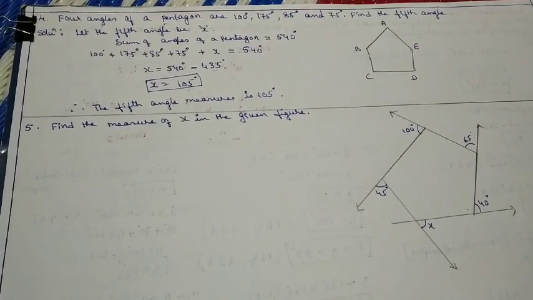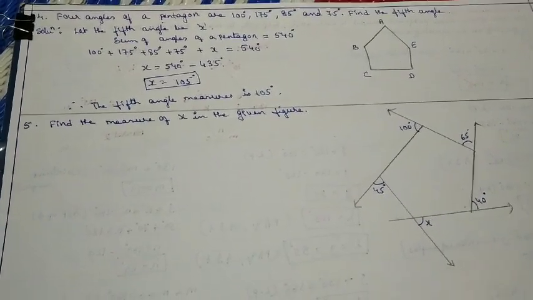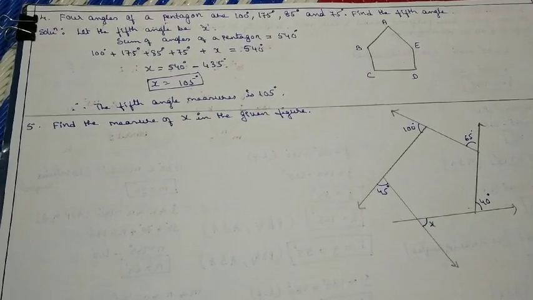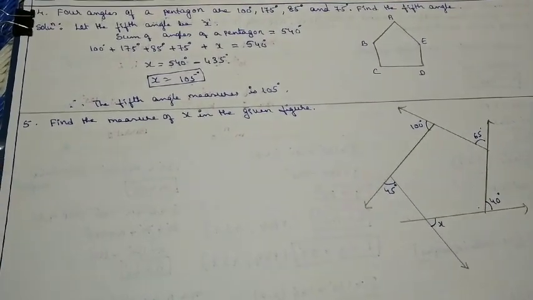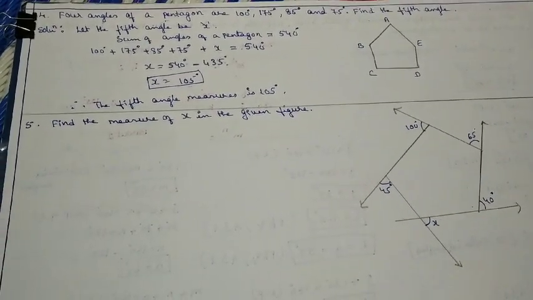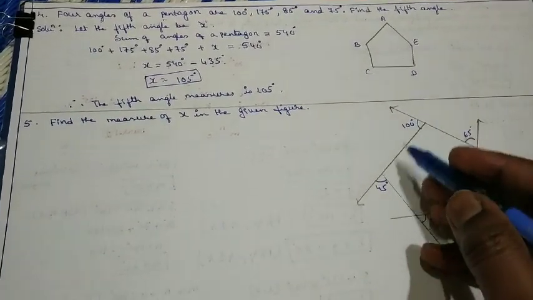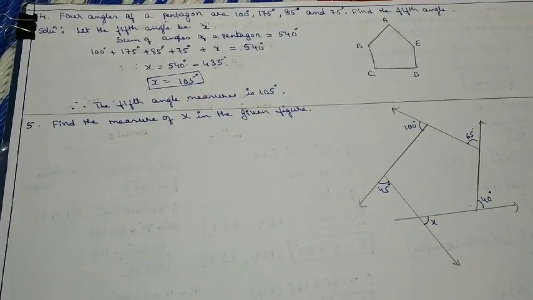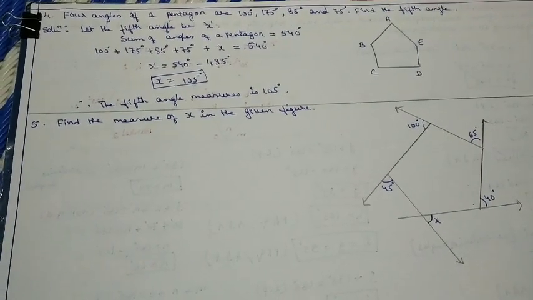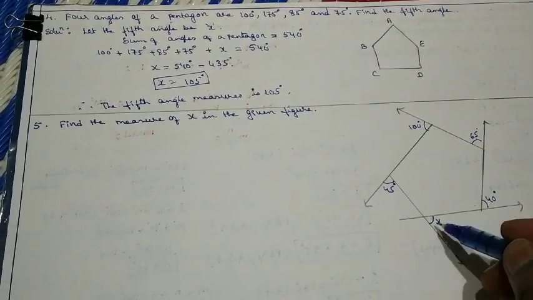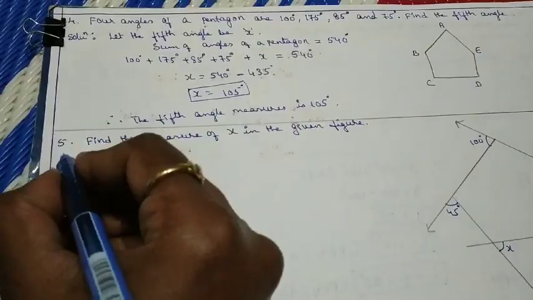We know that the exterior angle sum of any polygon is 360 degree, whether it is a pentagon, quadrilateral, triangle or hexagon, whatever it may be. If we are finding the exterior angles, then the angle sum of exterior angles is 360 degree. From that we can find the value of X.